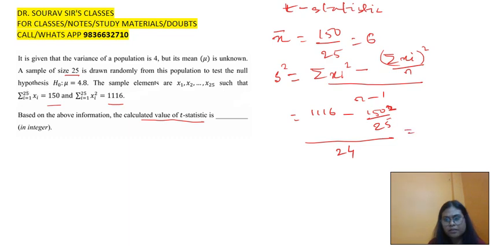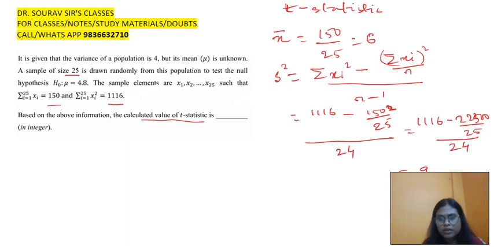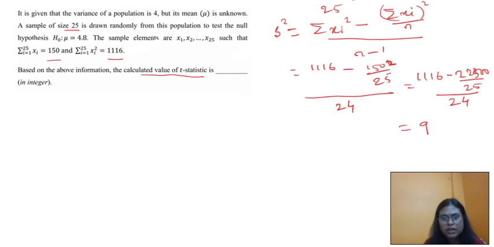So solving this, we get 9. So this is the sample variance, and our standard deviation s would be 3.